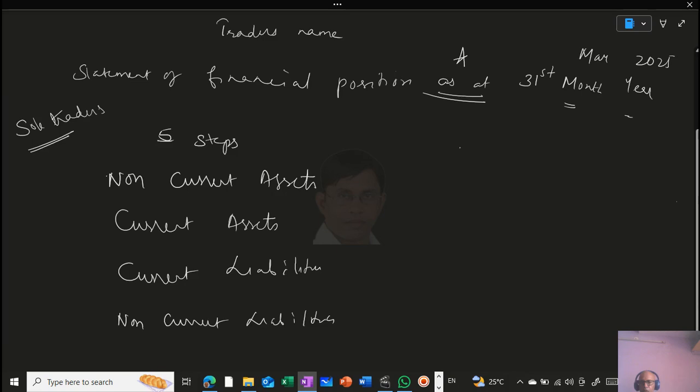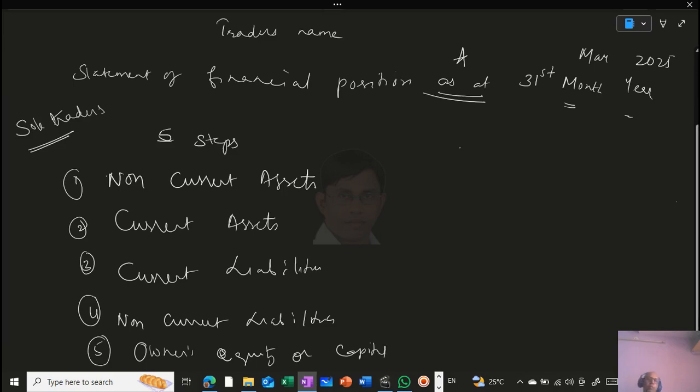So this is first item, second, third, fourth, and fifth. What is fifth? Fifth is nothing but owner's equity or capital. So remember these five steps.